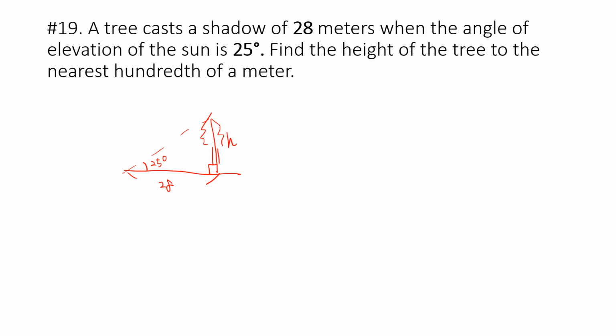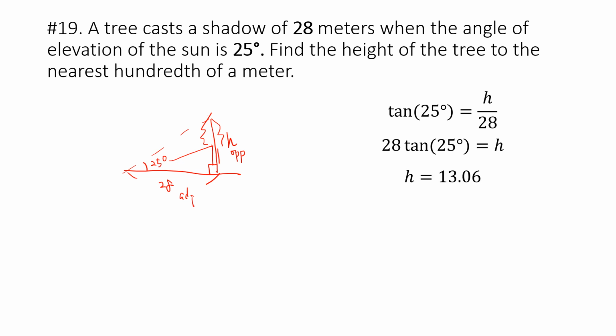We want to find this height. This is the angle, this is opposite, this is adjacent. We have to use SOHCAHTOA, so we use tangent. Tangent 25 degrees is opposite over adjacent, h over 28. So we multiply both sides by 28. So h is 28 tangent 25 degrees, approximately 13.06. Make sure the mode is degree. Plug it in your calculator, you can find 13.06.